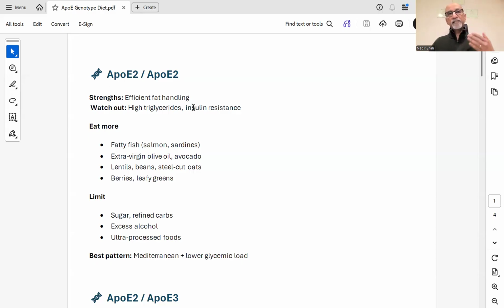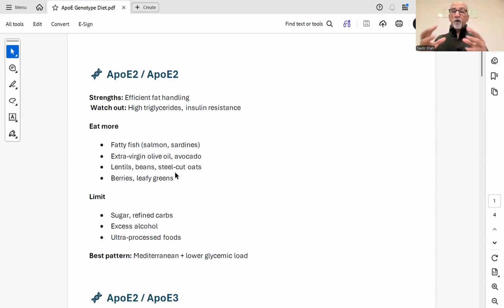So I categorize, as I said in the previous vlogs, that there are 3 types of genotypes, 2, 3, 4, and then there's a combination of 2-2, 2-3, 2-4, 3-3, 3-4, and 4-4. So I'm going to be illustrating everything here, all 6 types.